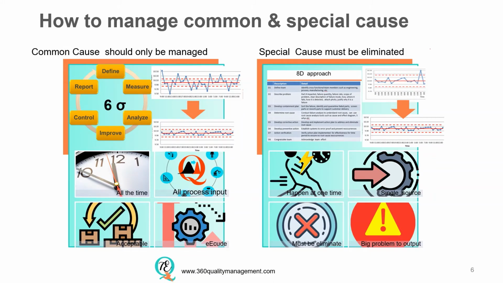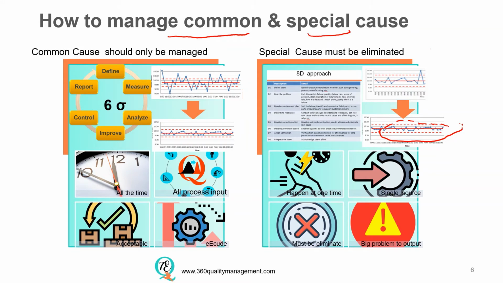Since we already know there are two types of variations and our aim is to get consistently good quality product with as little variations as possible, therefore we need to learn how to manage these two types of process variations well.